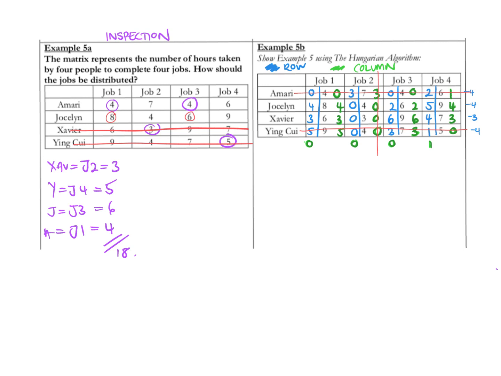So I'm looking at the green numbers and the smallest number that's not covered by a red line, and I believe it's 2. Would you agree? Yeah. So 2. So what we're going to do is deduct 2 from all the uncovered, so those ones, this one, and this one.